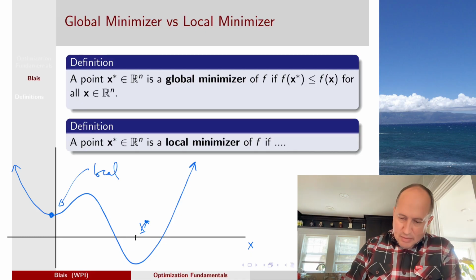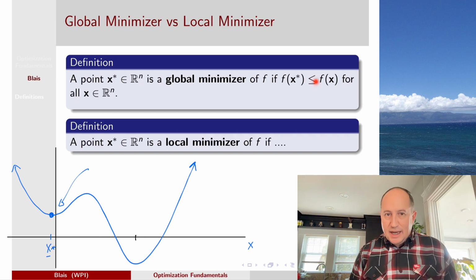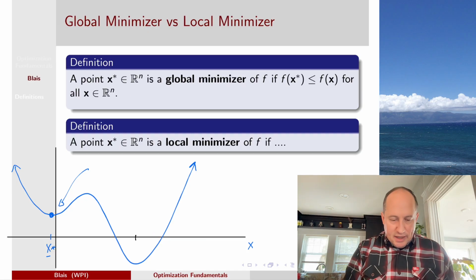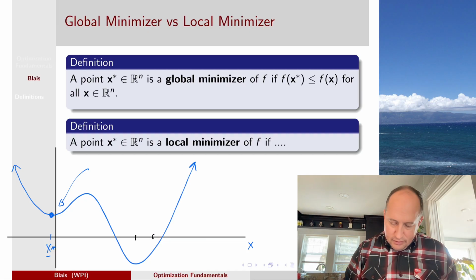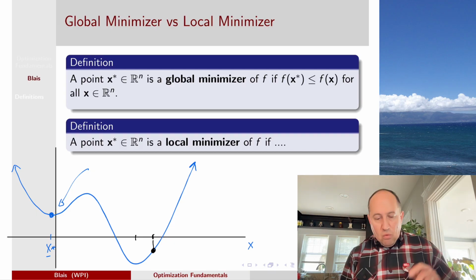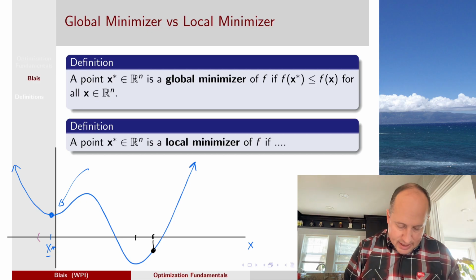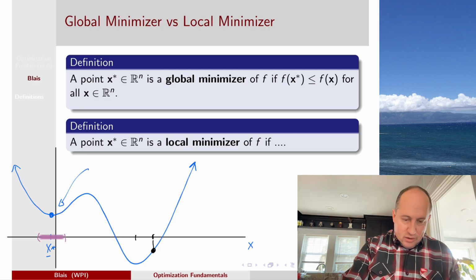And a local minimizer is going to be an x value where certainly this is not true, because we could pick an x, say, over here, and we would get a value for the function that lies below this. What we want instead is some neighborhood for x star.